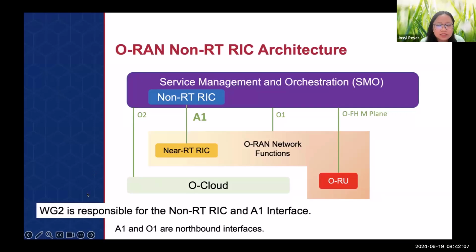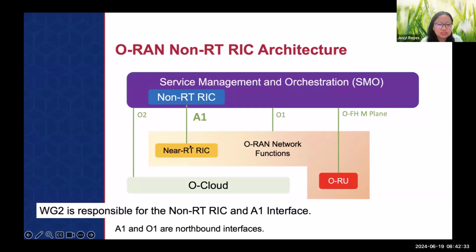Okay, as we discussed a bit earlier, working group 2 is responsible for the non-real-time RIC and the A1 interface. Notice that there are also two main interfaces here, the A1 and the O1. They are considered northbound interfaces just because they show the connection towards a higher level block.